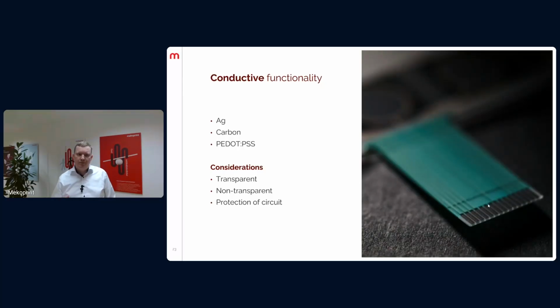We also need some protective layer for the conductive layers, and here we have the option to print a dielectric ink. So the dielectric ink works so that it prevents oxidation of the silver, for example. It prevents scratches in the conductive layers, and it protects them from electrostatic discharge.